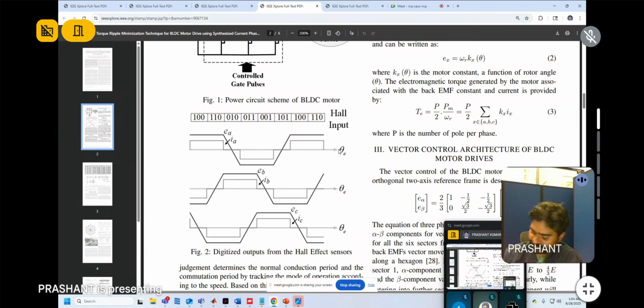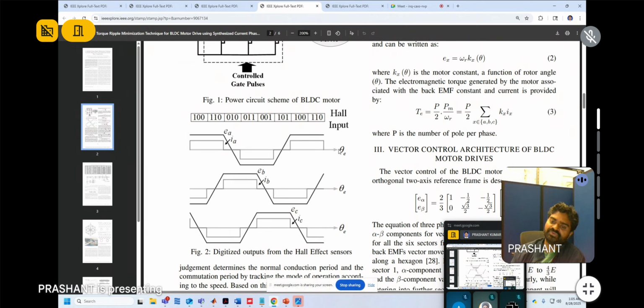Somewhere we will see that initially we get theta, then from theta we get speed, and in some control systems like dq, when we work in two-phase systems, the dq plane or alpha-beta, in designing the control systems we need the information of theta.